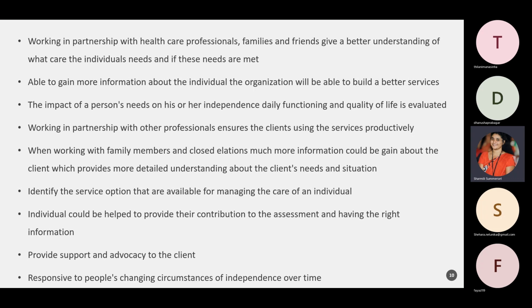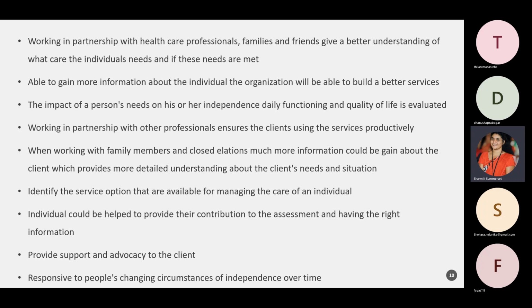Then you can develop a plan of care according to that. In addition to that, we can understand what the individual is going through now. What are the needs? If you identify the needs, whether the needs are met or not. Those things we can identify. So we can gather it from an individual or the patients with collaborative working.